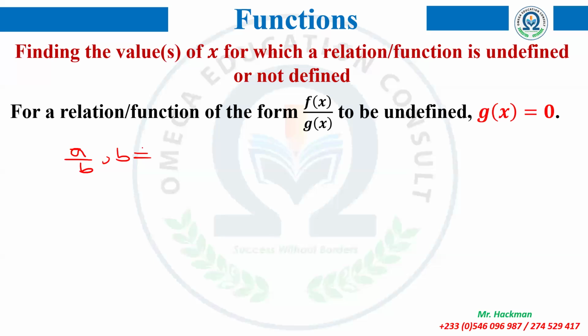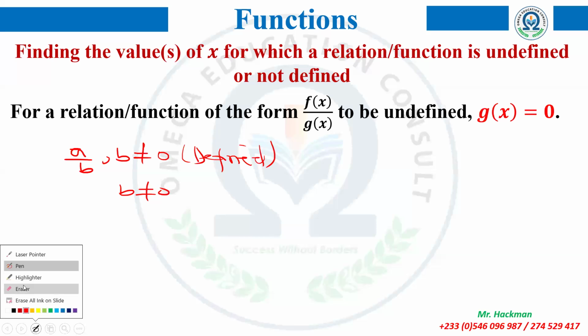The simple meaning is that b should not be equal to 0. So if b is not equal to 0, then the fraction will be defined. However, if the fraction is undefined, then it means b should be equal to 0. I wrote not equal to again. Forgive me.